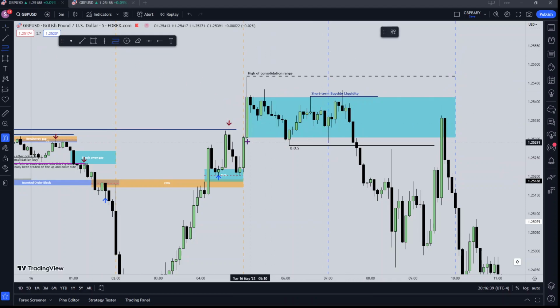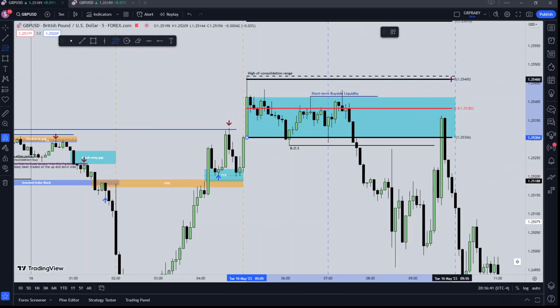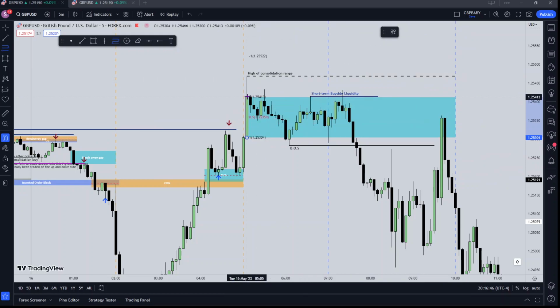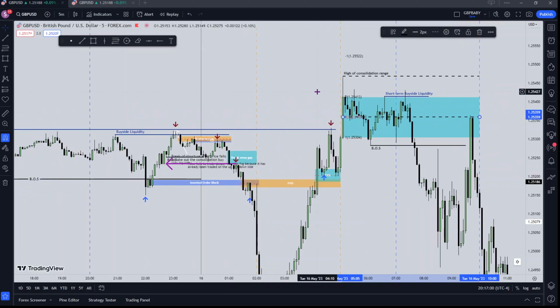And we also traded to the 50% level of the volume of the order block. There's a lot going on here actually. So the fact we took out buy side here, we should be expecting a rush down to the sell side anyway.